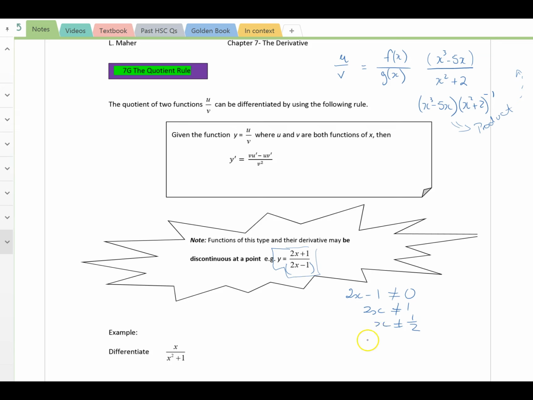I guess a question could say, what happens to the gradient at x is a half? And you would be expected to say the function is undefined, the gradient is undefined.